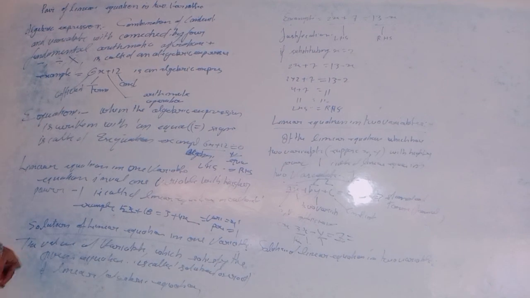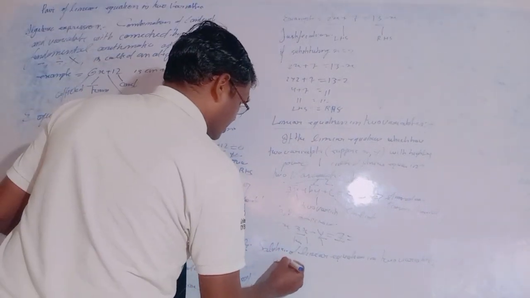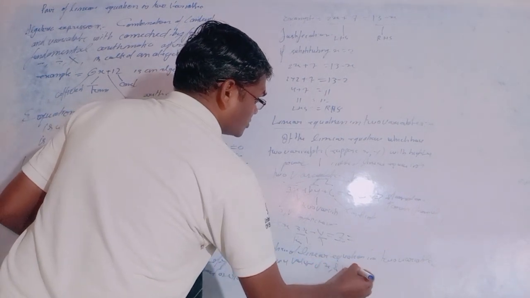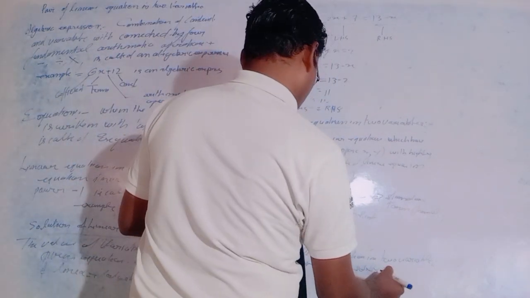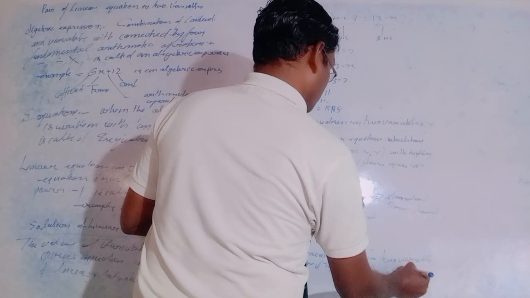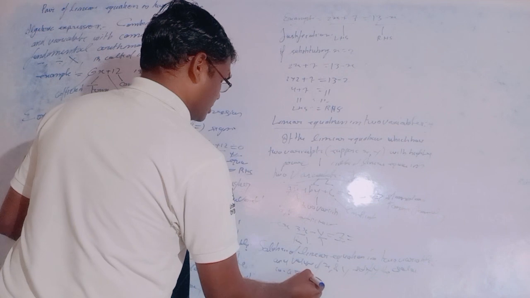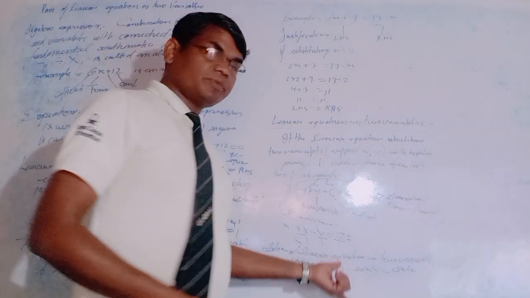Any pair of values of X and Y that satisfy the equation, where A and B are not equal to 0, are solutions of the given linear equation, so it will always be a satisfaction.